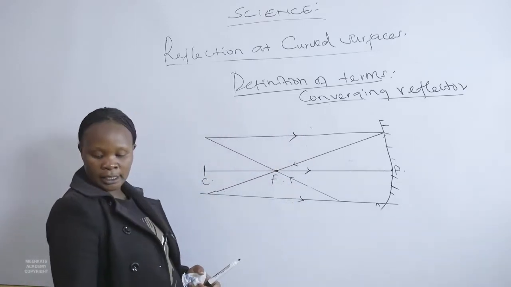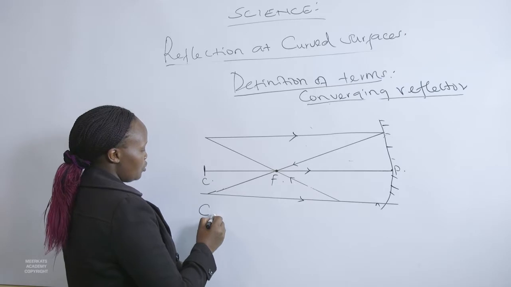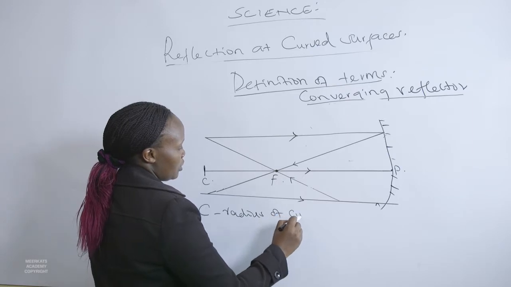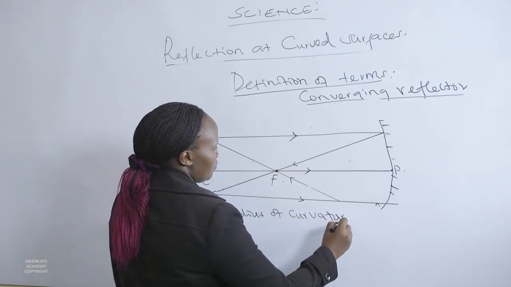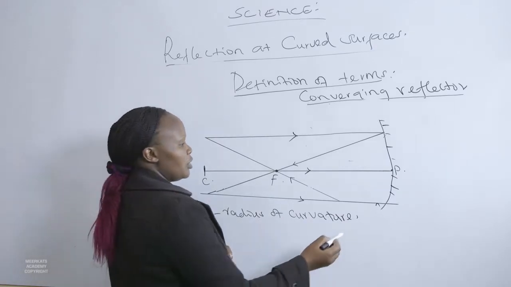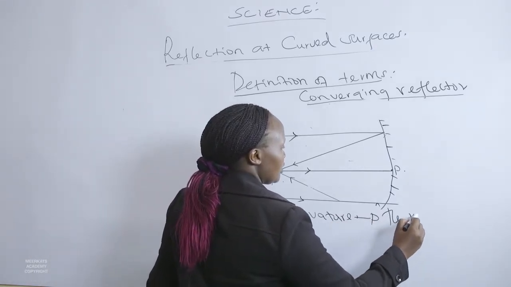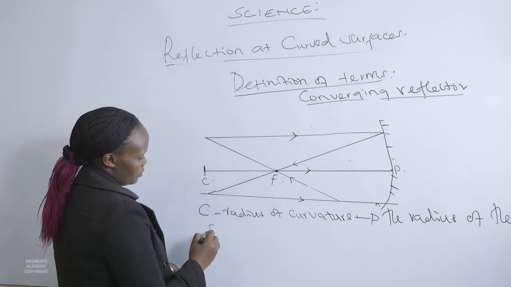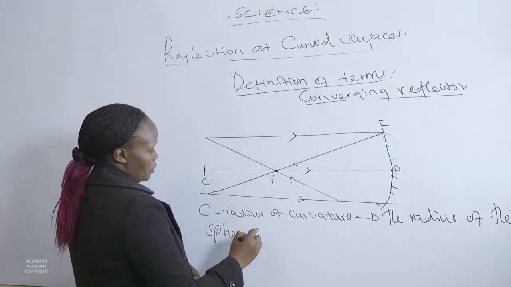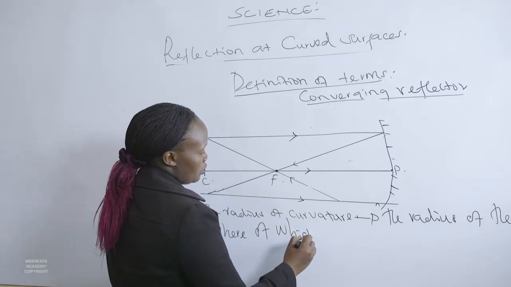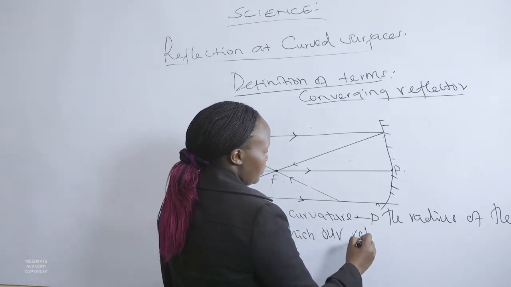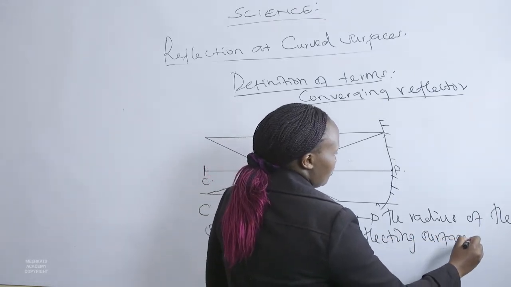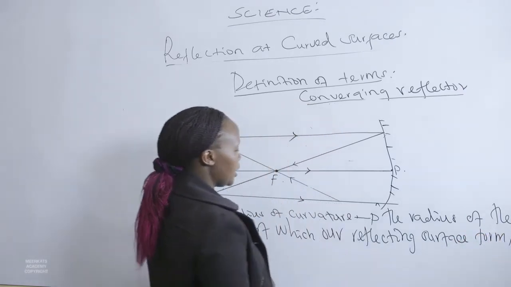Now, if we consider C, which we call the radius of curvature, it is actually the radius of the sphere of which our reflecting surface forms part.